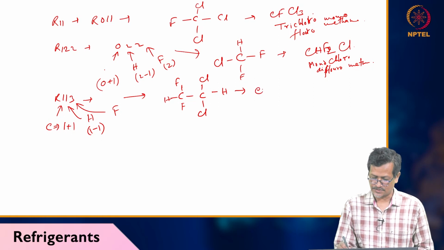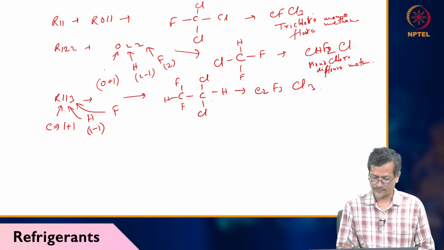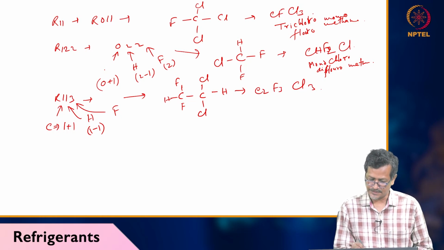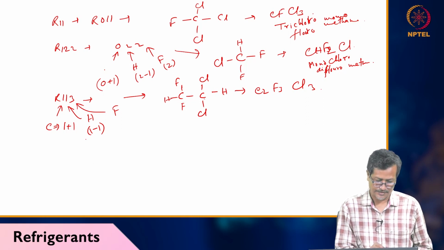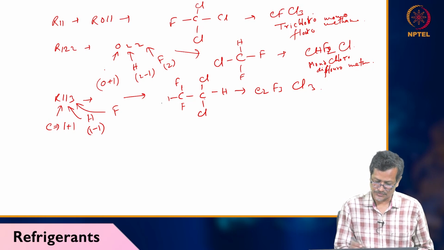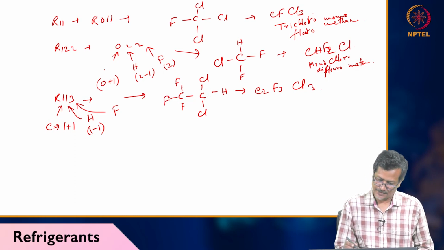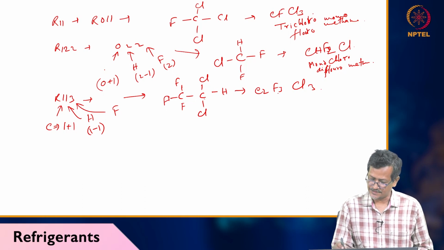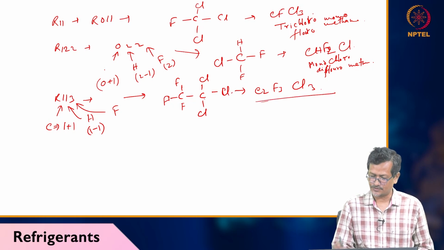So the formula becomes C2F3Cl3. Since there is no H, the rest is F and Cl, so this is the formula for R113.